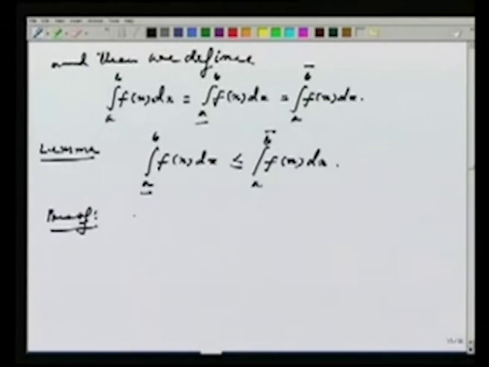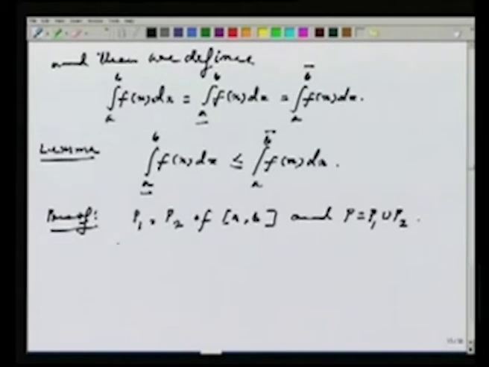Well, I take any partitions P1 and P2 of [a, b], and P is the common refinement of P1 and P2, meaning P is just P1 union P2, which is then another partition.